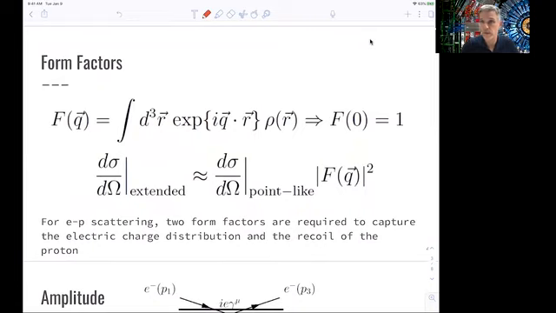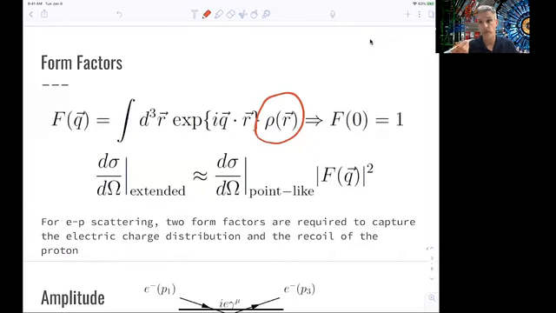We do know that the proton is not a point-like particle. So if we want to study the proton, we have to take into account that it's built out of constituents and that it has an extension. It's not point-like anymore. One way to do this is by analyzing the Fourier transform of the charge density functions. Remember, the photon couples to charged particles.